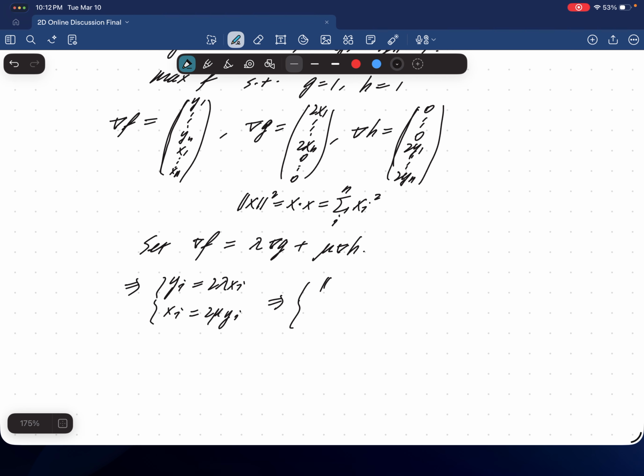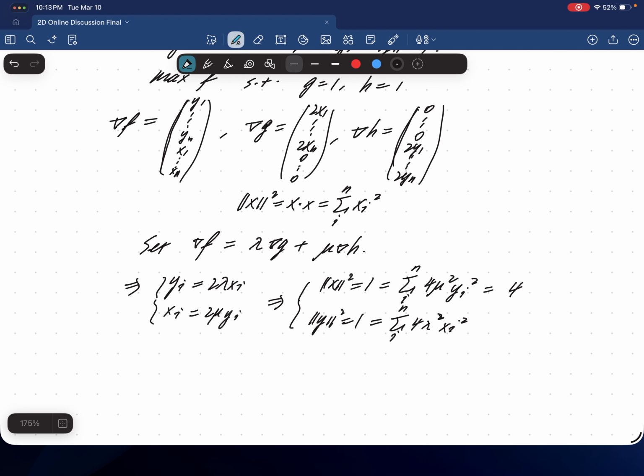And so the sum of the xi squared, which is the norm squared of x, is equal to 1, is equal to the sum of 4 mu squared yi squared. And the norm squared of y is similarly equal to 1, equals the sum of 4 lambda squared xi squared. But I can take the 4 mu squared and 4 lambda squared out.